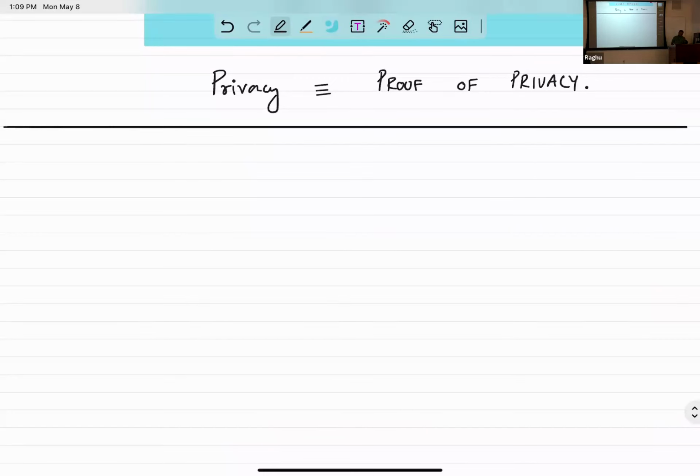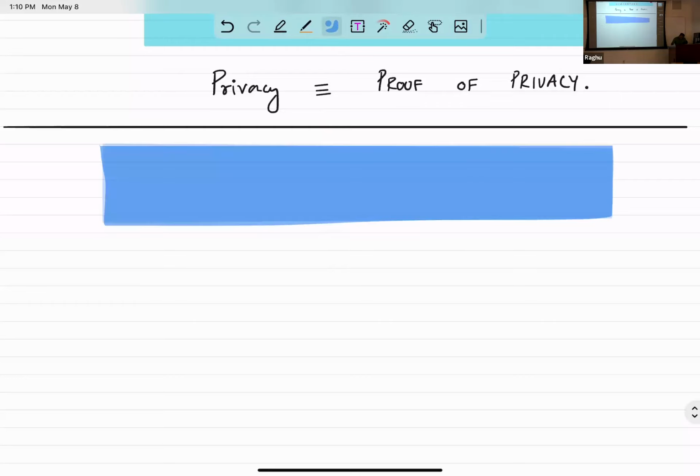So to get us started, let's start with a very simple goal. Let me give a first example. If you're thinking of machine learning and so on, let's forget all of that.